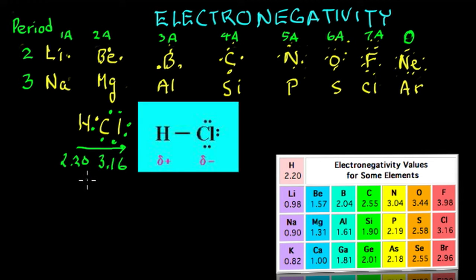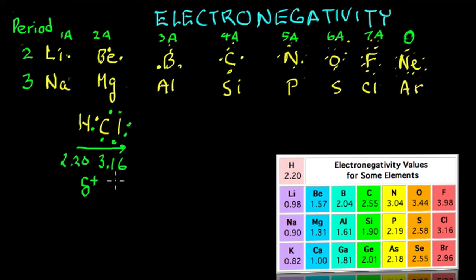Now, don't let this symbol scare you. This is the lowercase delta, the Greek alphabet. This is delta negative. So the difference here is about 0.96. The greater the electronegativity difference, the greater the move towards ionic or charged particle character.